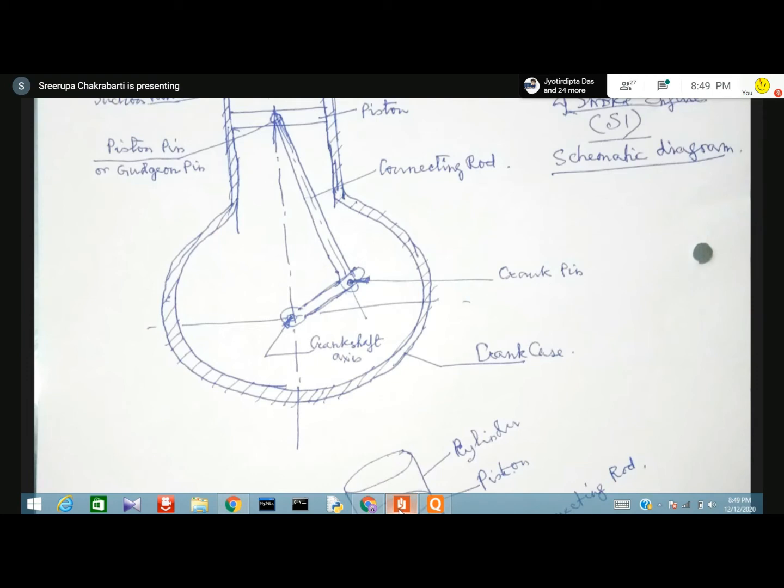Forging is the process where we make the metal red hot, just like a piece of wax, in what we call a plastic state. And then we allow the metal, which is in the plastic, semi-solid state, to flow into a particular cavity, or we make a cavity we call a die.